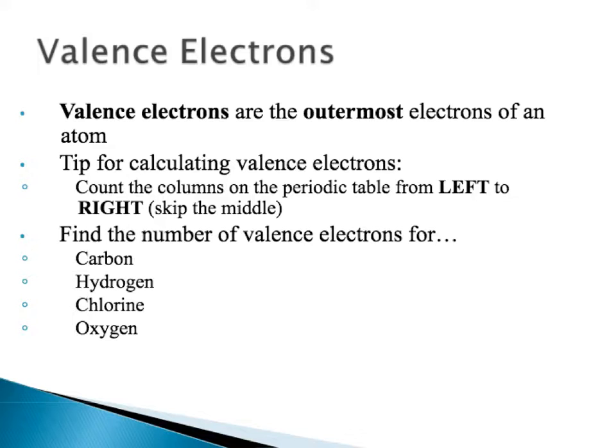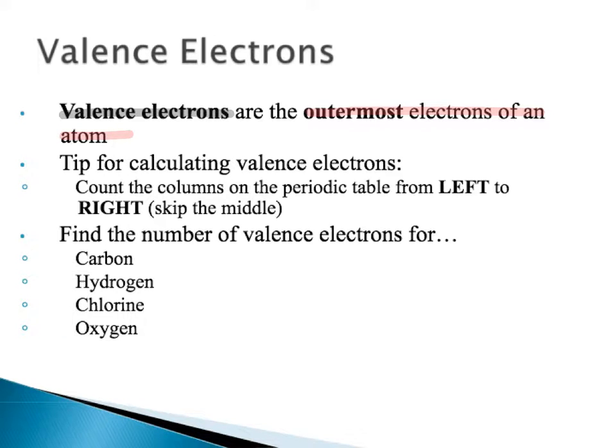Okay. So when we are talking about the electrons that are furthest away from the nucleus, we are talking about something called valence electrons. So that's the name of them. That's just another vocab term. And it just means the electrons furthest away from the nucleus, the outermost electrons.